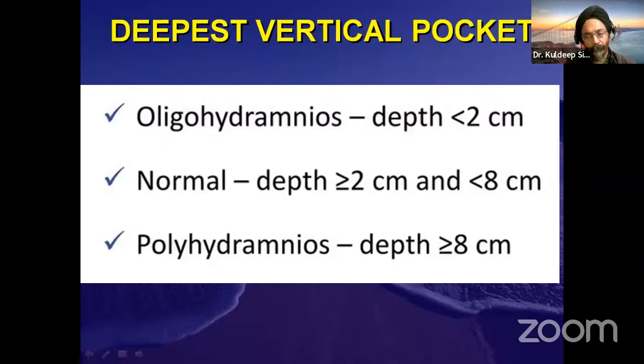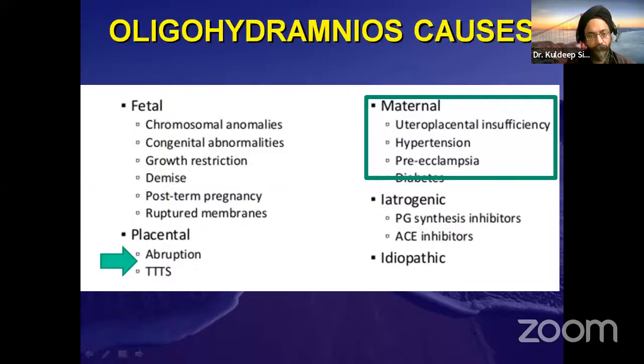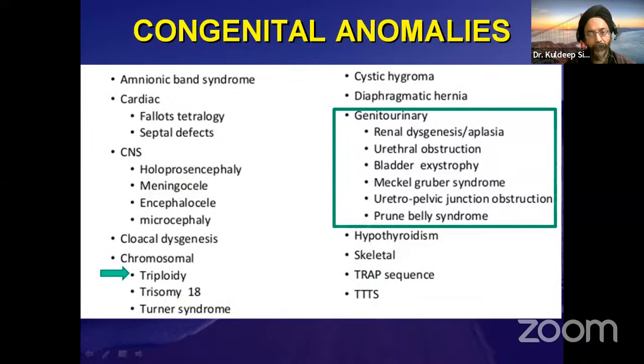If it's below 2 centimeters, it's oligohydramnios, and more than 8 centimeters is polyhydramnios. The moment you're seeing something of this sort, you need to be watchful. Why is it so? Especially when you're doing your anomaly scan, you need to be watchful. If I'm looking at the general aspects, I'm looking for any abruption, any twin transfusion, any maternal symptoms in terms of hypertension, preeclampsia, and then we need to be carefully watching out for abnormalities.